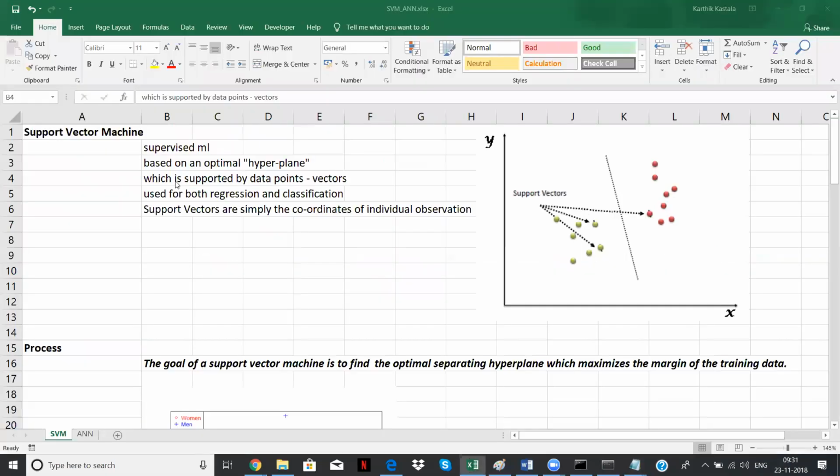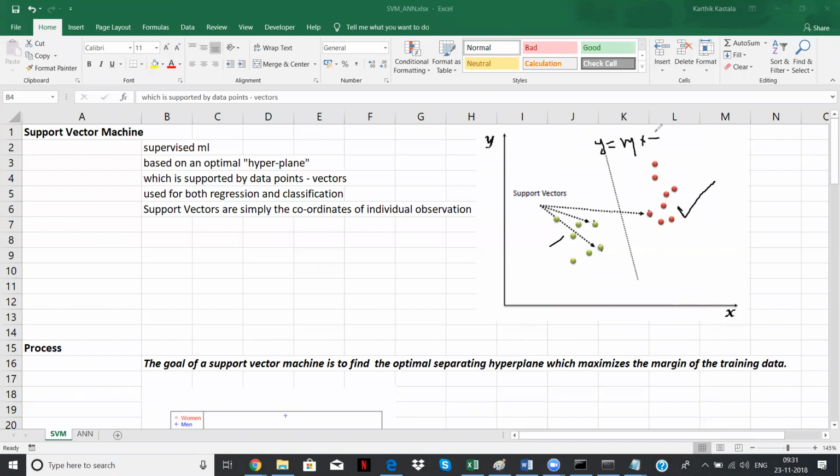Now, please look at the first diagram here. This is what I have been saying. We will first ensure that our data is well classified like this. If I take an x and y axis, the green ones are class 1 and the red ones are class 2, the other class, right? And if you look at this line equation here, y is equal to mx plus c, that is how a line is, right?